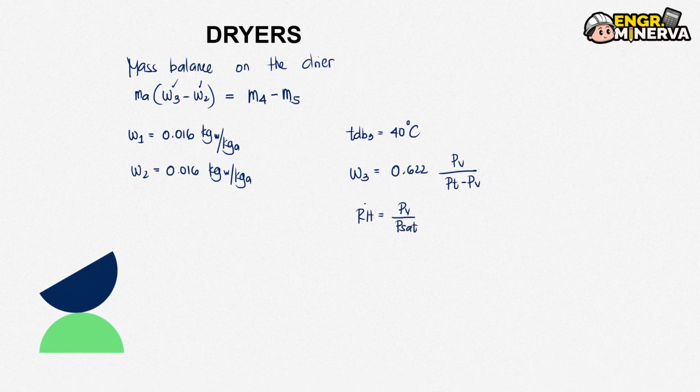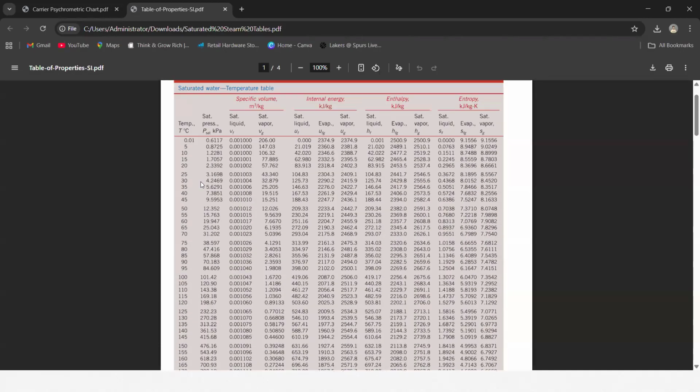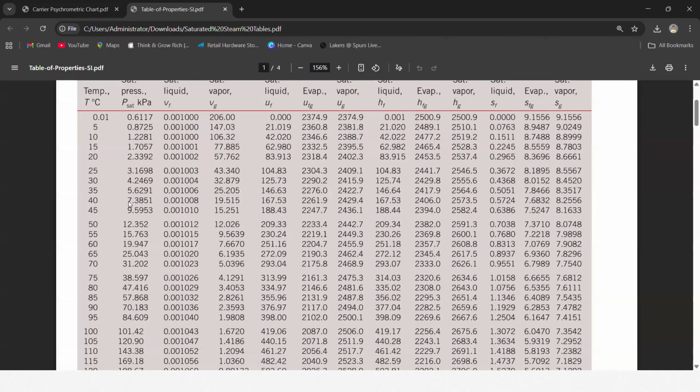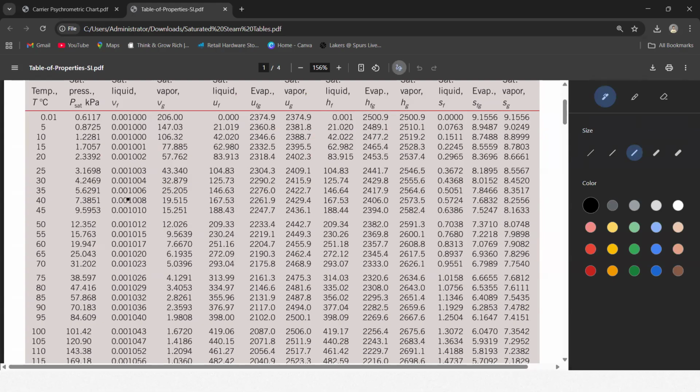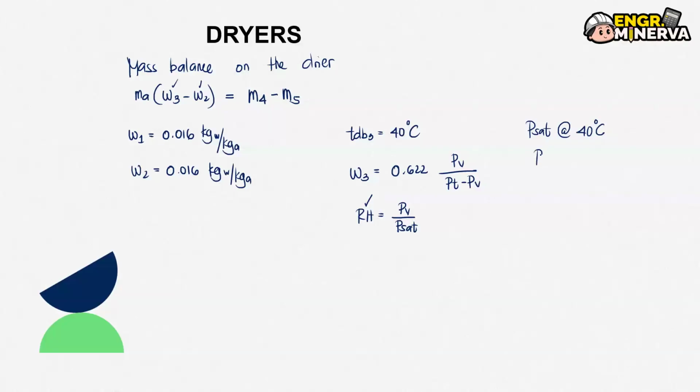Since we already have our relative humidity of 80%, we just need PSAT. What is the PSAT at 40 degrees Celsius? Let's check our steam table. At 40 degrees Celsius, PSAT is 7.3851 kPa.